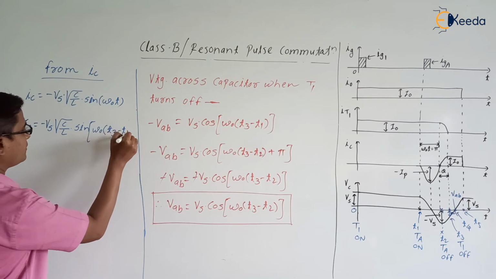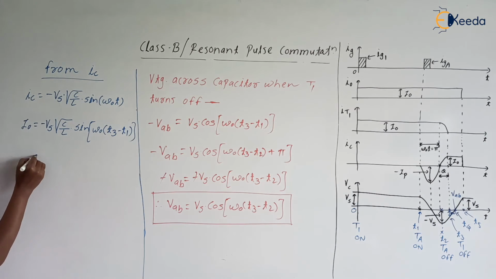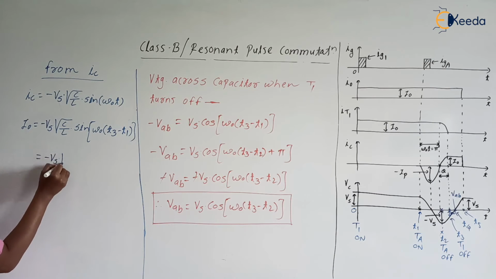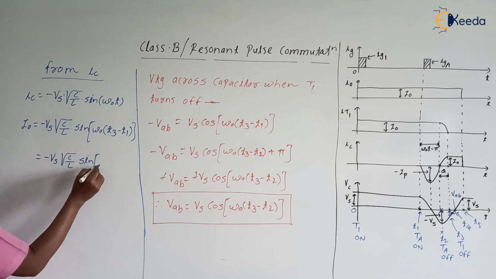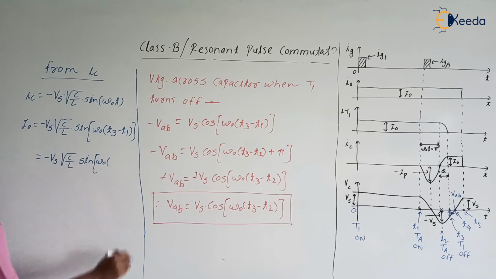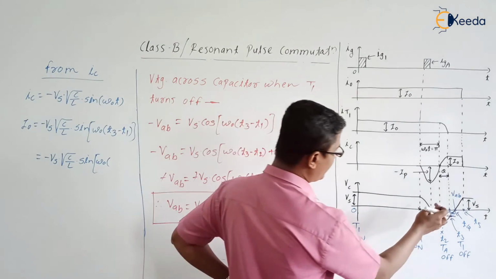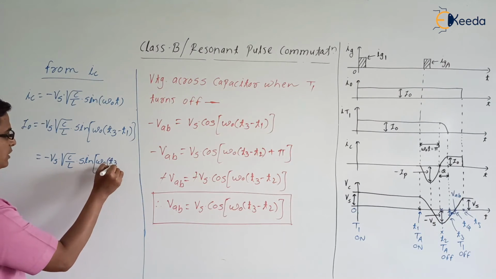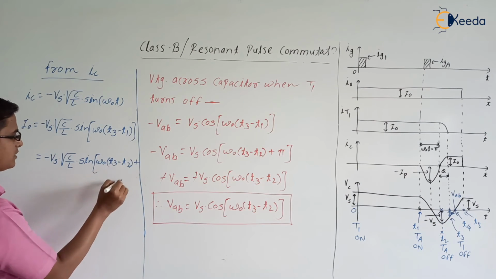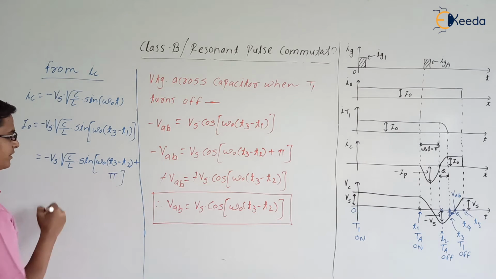So I0 equals minus Vs square root of C by L sine of (omega 0 (T3 minus T2) plus pi, or 180 degrees).